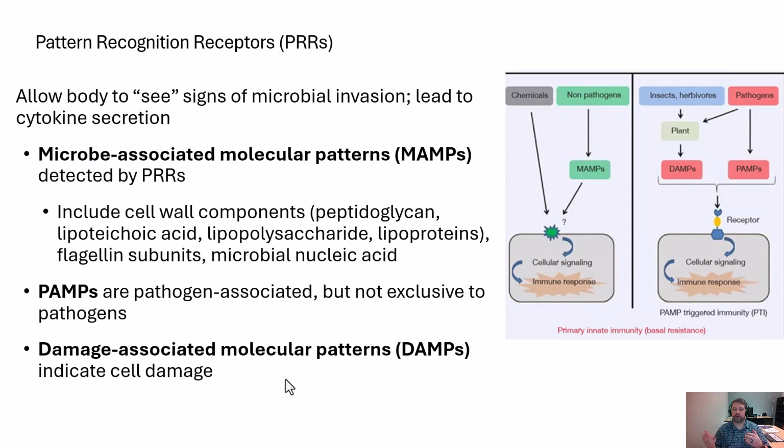Or other times it might be a combination. Maybe you have an insect that's chewing on a leaf, and some saliva from that insect might mix with some of the plant tissue, and that can give you kind of a different DAMP. But it's really to indicate that there's cell damage, that cells are dying, and that means you have some kind of response.